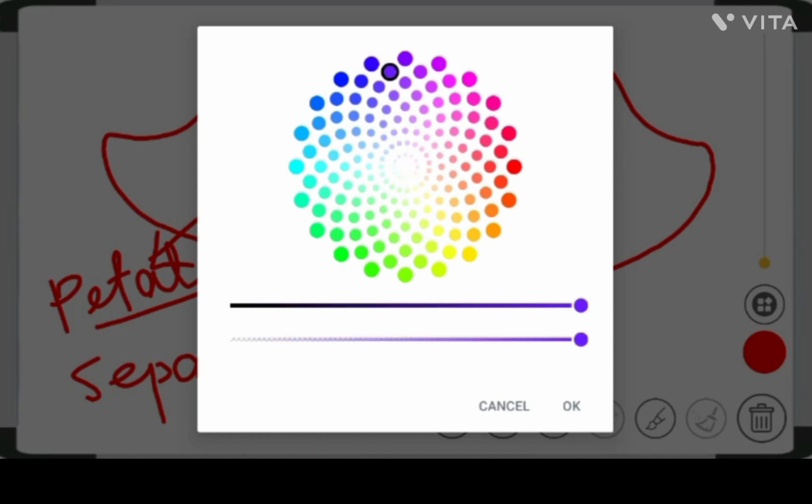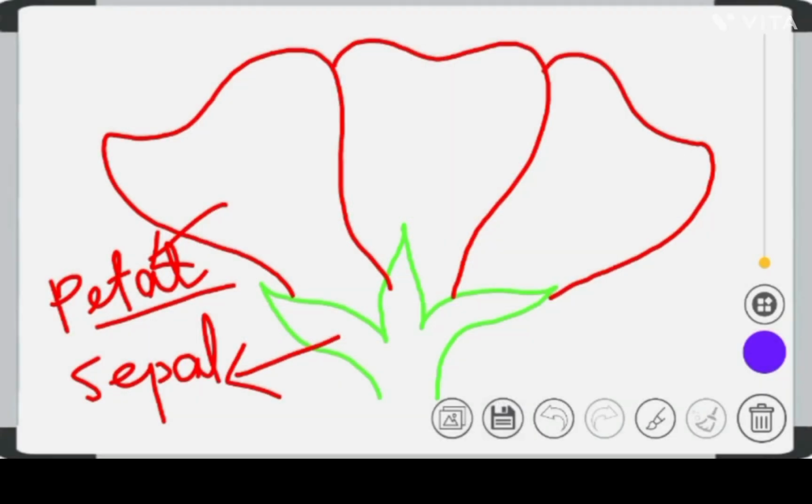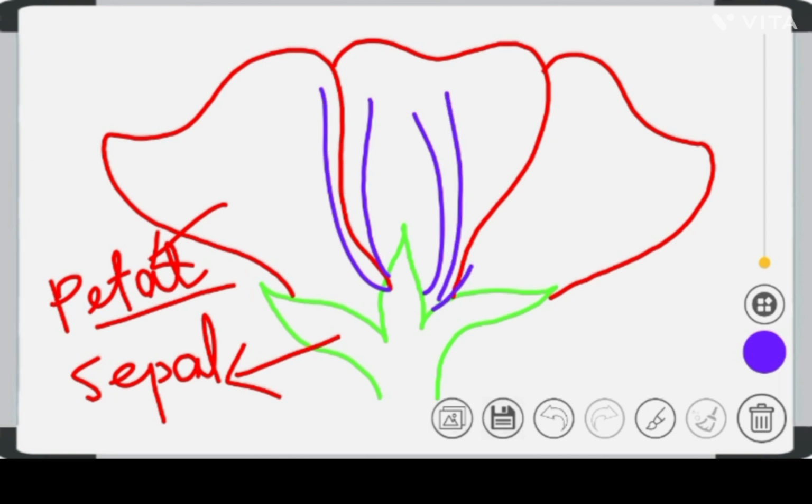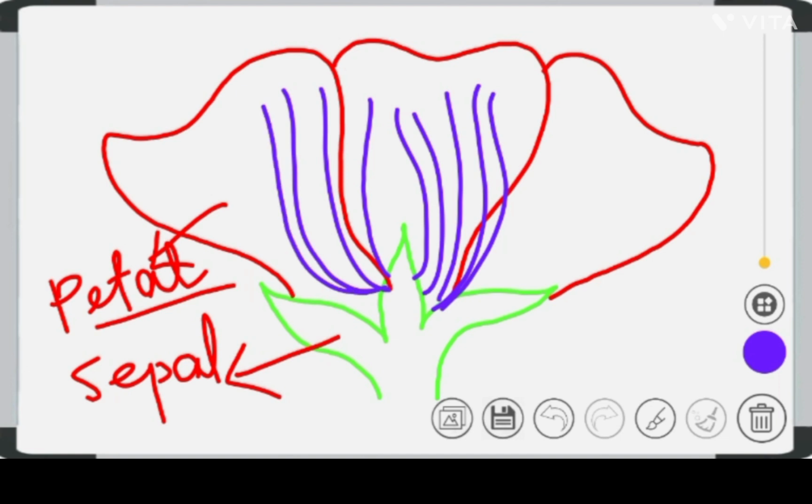Now I will draw the stamen. How will the stamen be? Like that. If you see very carefully in a China rose flower, you will find some thread-like structure inside the flower.